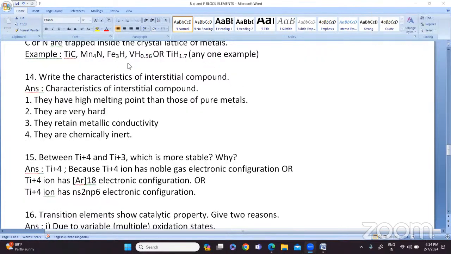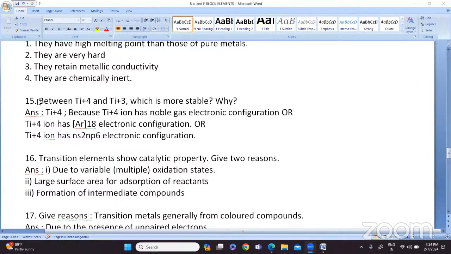Next, between titanium plus 4 and titanium plus 3, which is more stable and why? When we compare titanium plus 3 and plus 4, which is more stable and why?